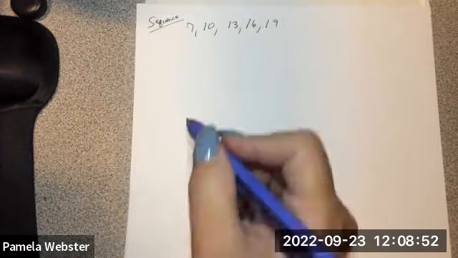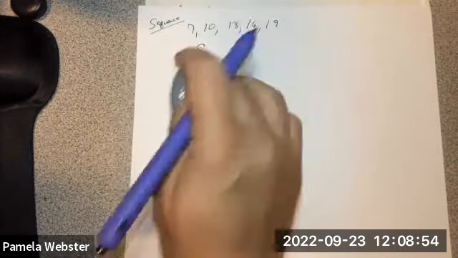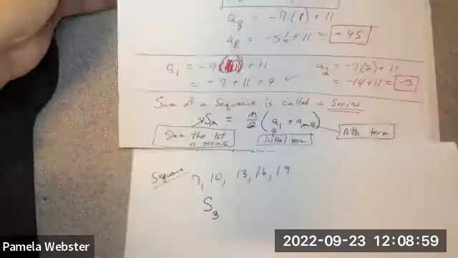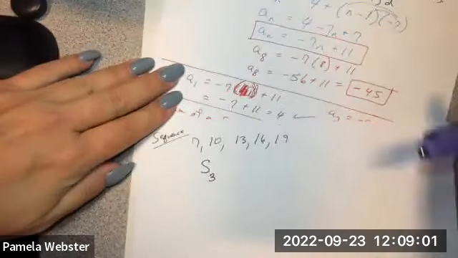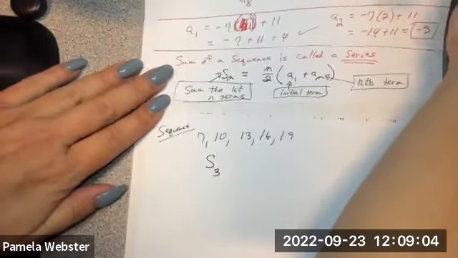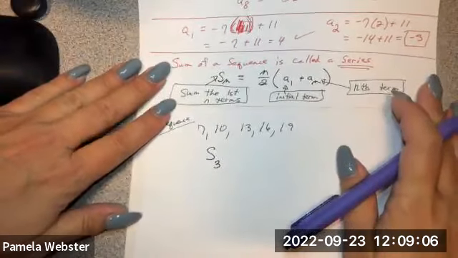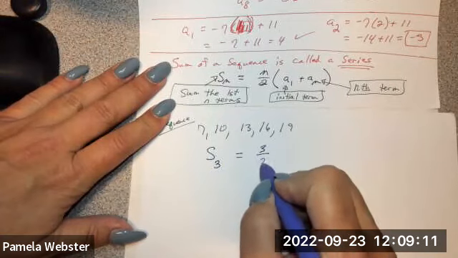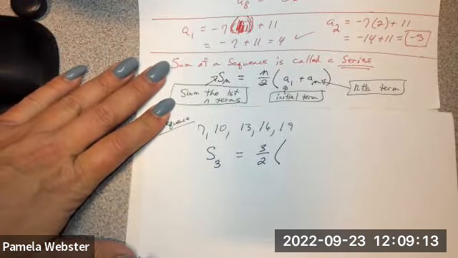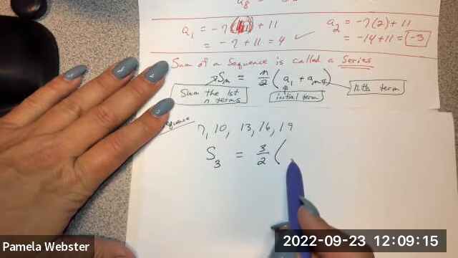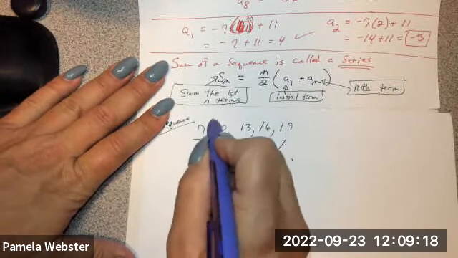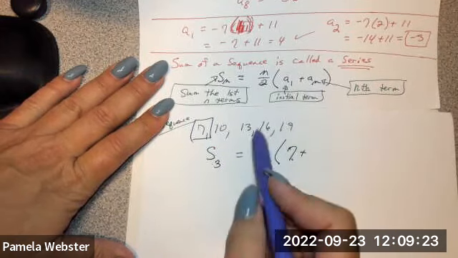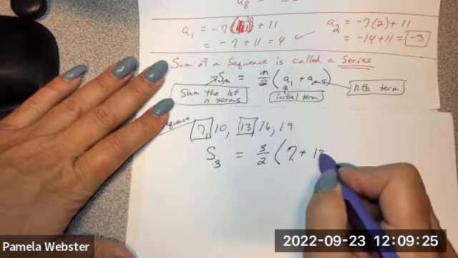If I want to add the first 3 terms, then I'm going to take the n, which I said 3 terms, so 3 divided by 2. And in the parentheses, the first term, the initial guy, was a 7, plus the nth term, well, the third one is the 13, right?